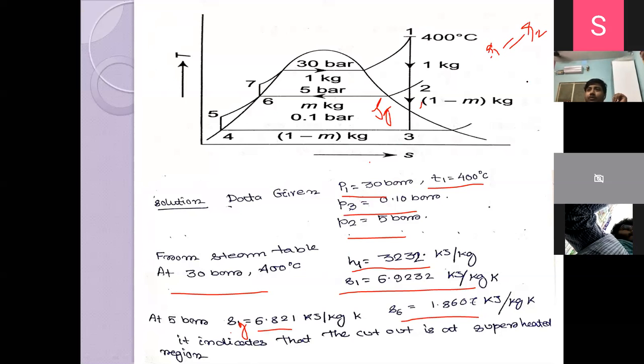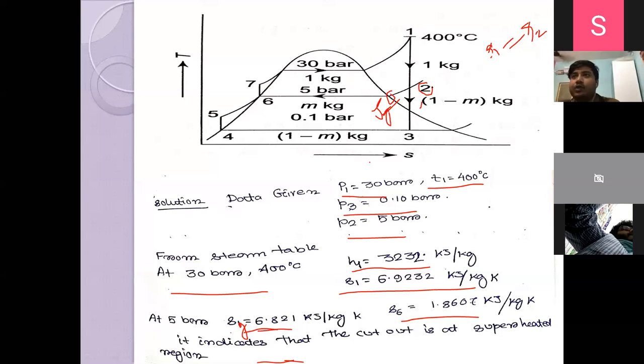Now from the saturation property we are seeing that the Sg value is 6.821. So from here we understand a logic: the S2 value is greater than Sg, meaning the point 2 is in the superheated region. So you have to understand this. The point 2 is in the superheated region.